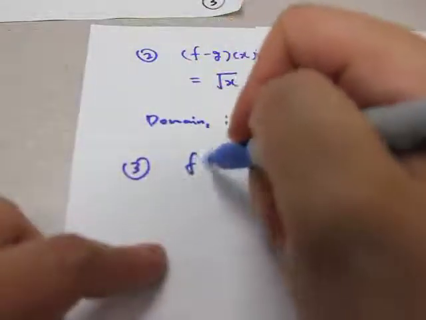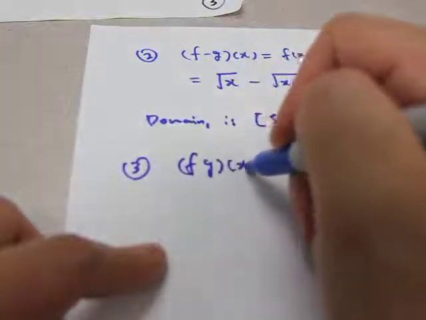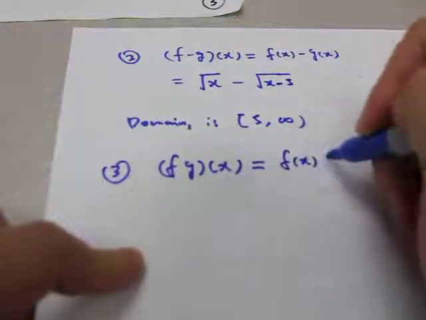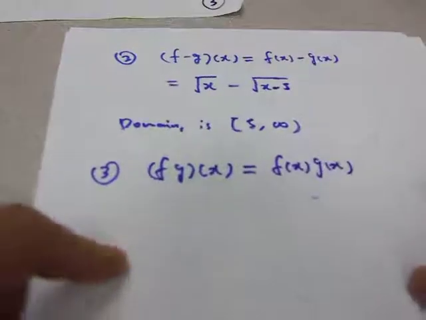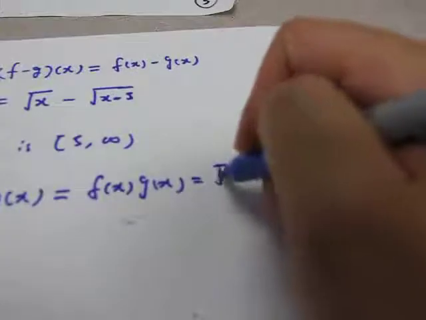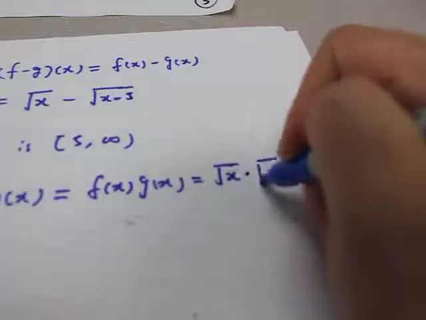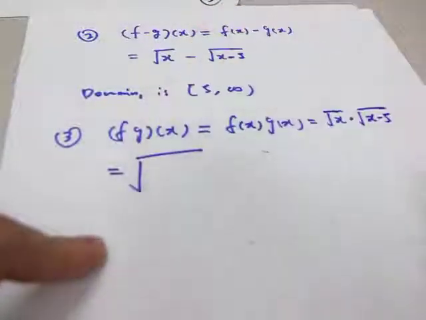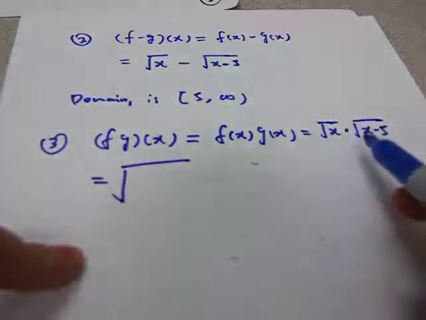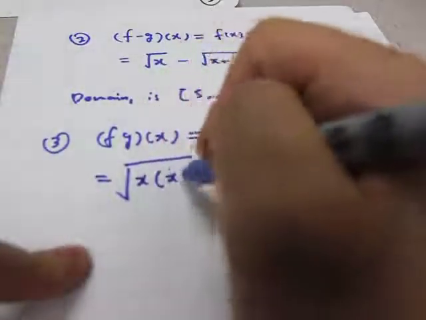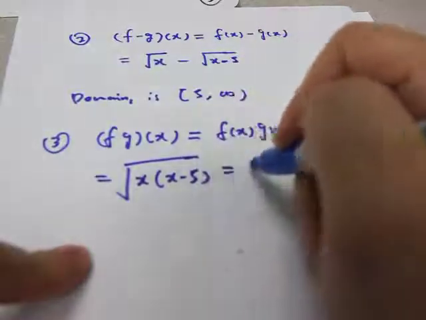Now the product function equals f(x) times g(x). So it equals the square root of x times the square root of x minus 5. And using the property of the square root, this equals the square root of x times (x minus 5).